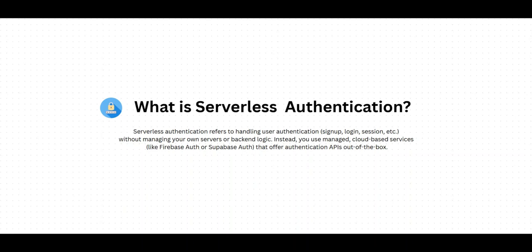If you are not familiar with what JWT is and how it works, I have already created a dedicated video explaining in detail how JWT works behind the scenes and why it is so powerful. Feel free to check that out. Once the token is received, you can use it to access protected routes or APIs without managing sessions or login states manually. And that's how serverless authentication works: clean, secure, and backend free.